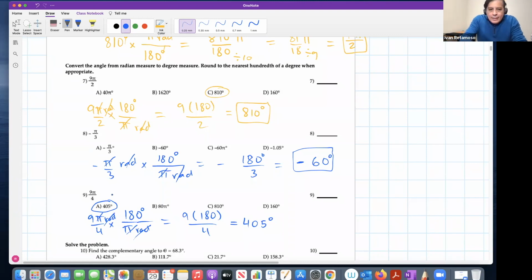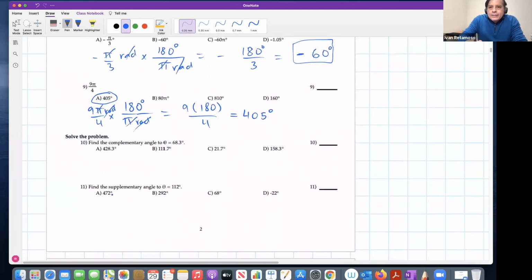Great. Then we go into this business of computing complementary angle and supplementary angle. For complementary angle, remember the angles must add up to 90 degrees, and we have a formula to deal with complementary angle. What is that formula?